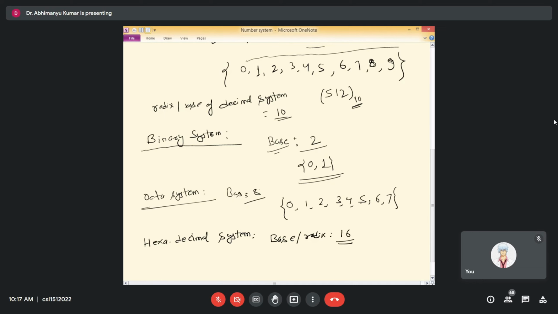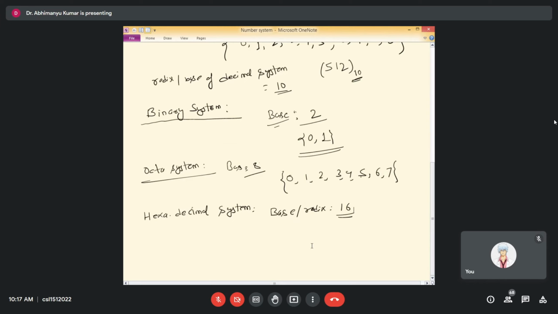We have 16 different figures to represent any quantity. So what are the 16 different figures? The first 10 are the same as the decimal system, that is 0, 1, 2, 3, 4, 5, 6, 7, 8 and 9.